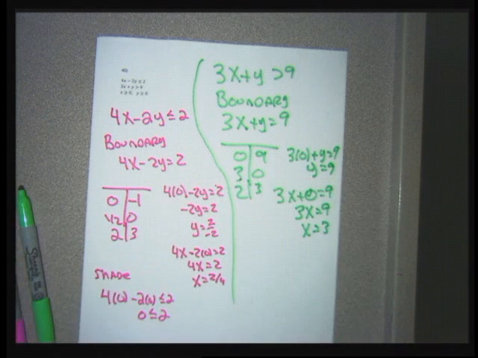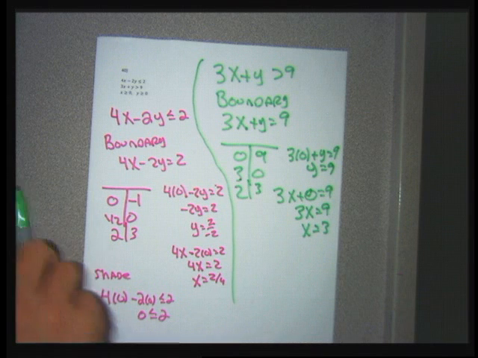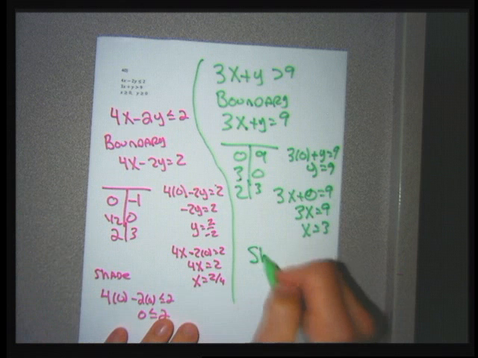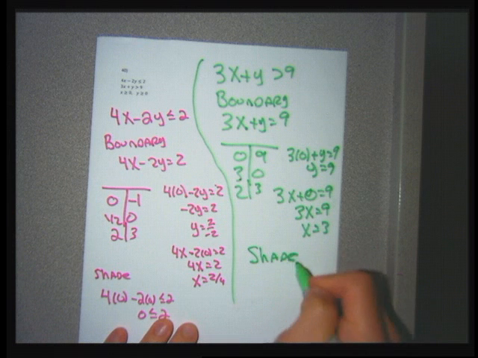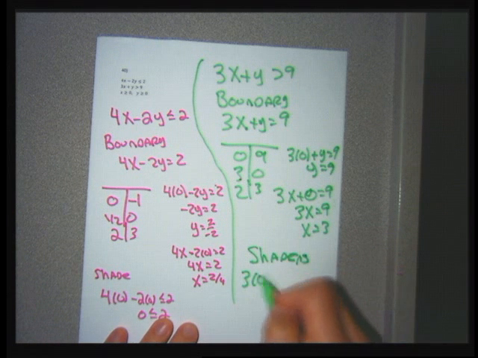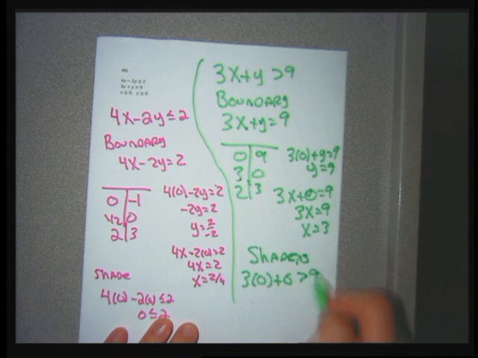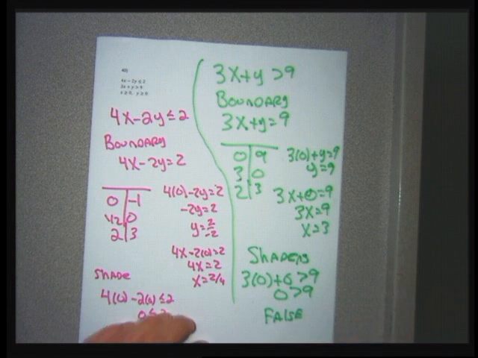So I'm going to graph the point 0, 9, 3, 0, and 2, 3. And then for my shading, I go 3 times 0 plus 0 is greater than 9. That gives me 0 is greater than 9, which is false. So the side of the line that has 0, 0 is false. And I want to shade away from the origin.